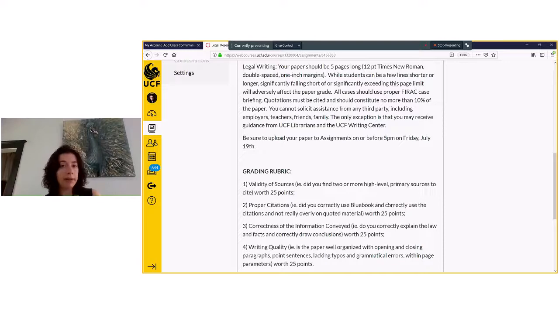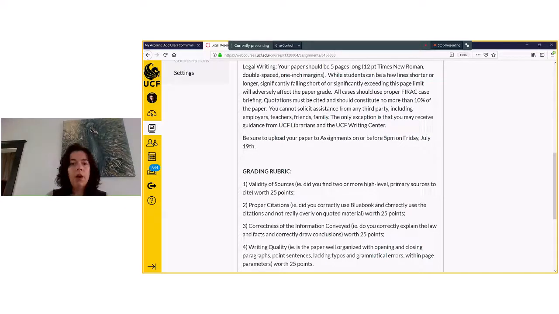Just one word of caution: I've had a lot of students do that in the past, and most of the time they find it not helpful. The reason is that legal writing is so unique and legal citation is so unique that unless you're lucky enough to get a student advisor who is a legal studies major, who's already had legal research and writing, you're not going to get the kind of assistance you want. So you're welcome to go to the Writing Center, but please be aware it may be a waste of your time.